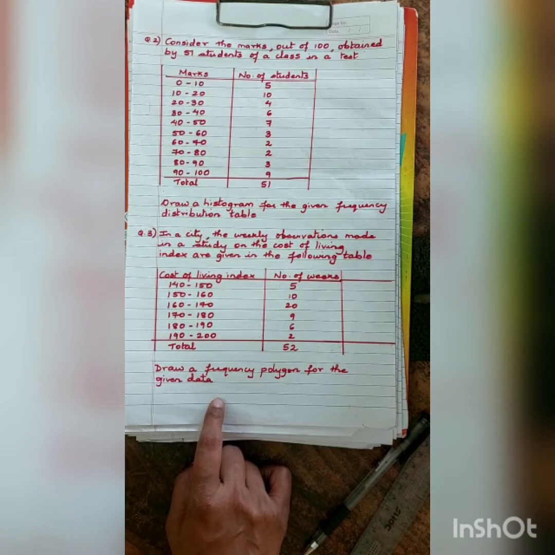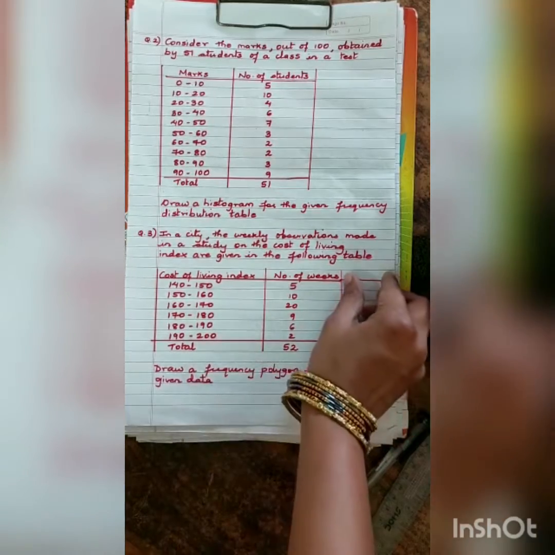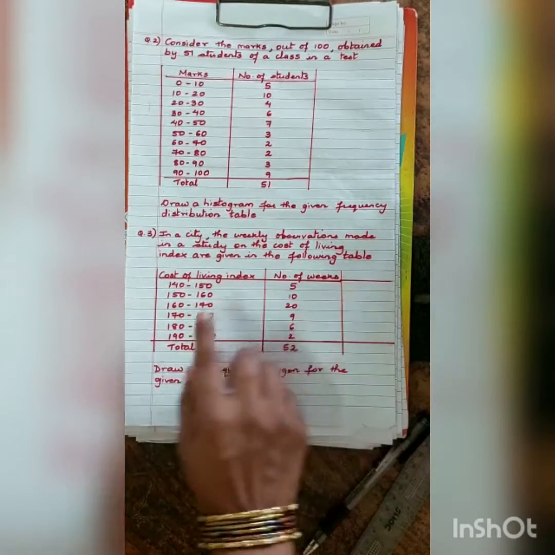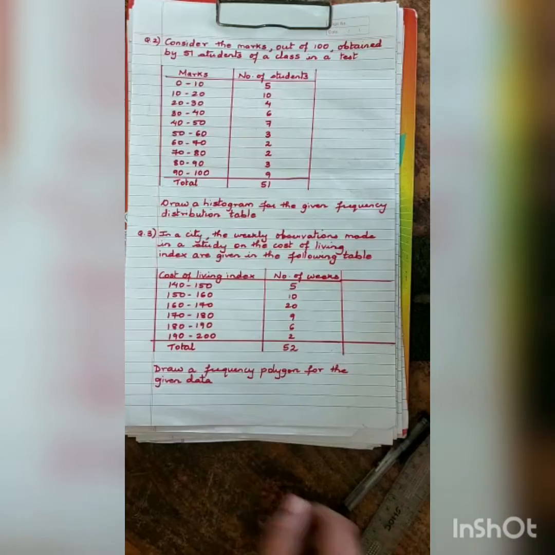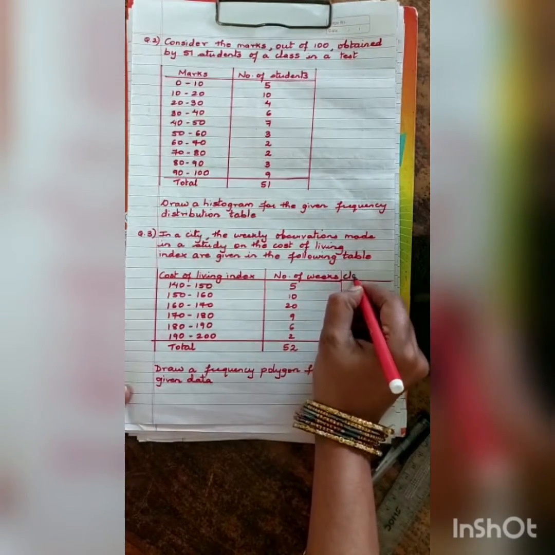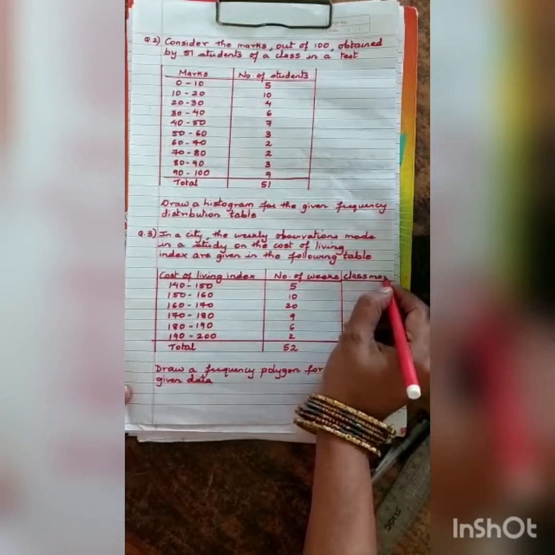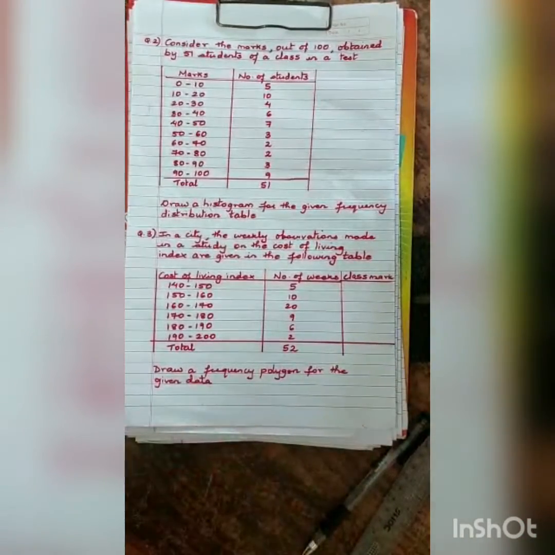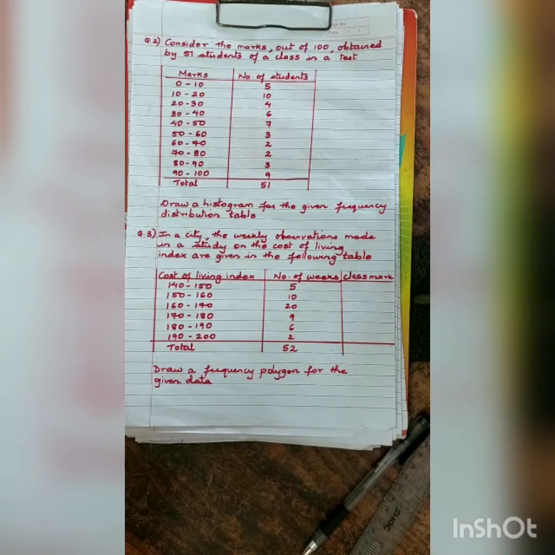So to draw a frequency polygon, we draw another column for the given question. And there we write something called class mark. Okay, we write class mark. Now what is class mark?